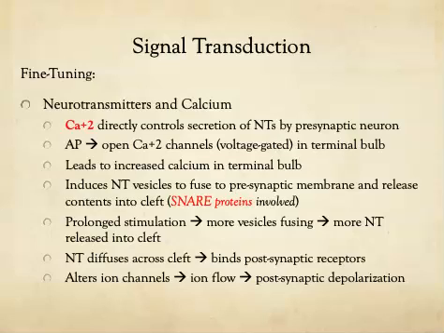Now, we've seen calcium play a role like this before. We saw calcium act as a second messenger during the process of exocytosis. And neurotransmitter release is essentially exocytosis. So it makes sense that calcium's involved.